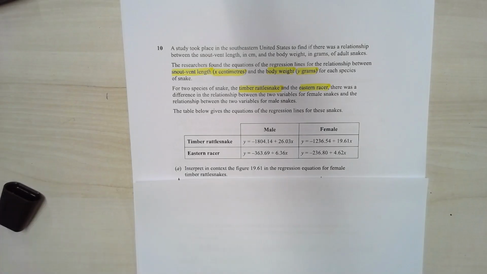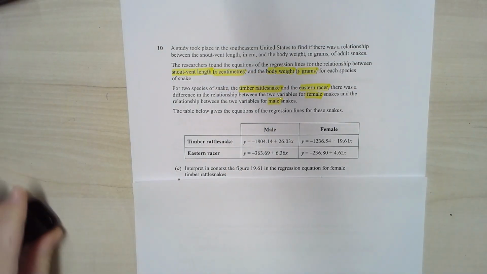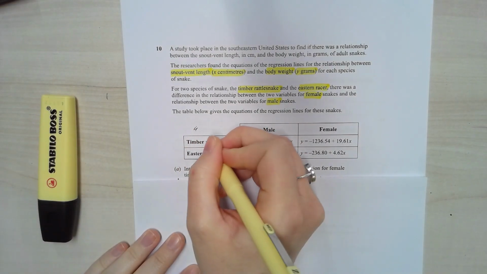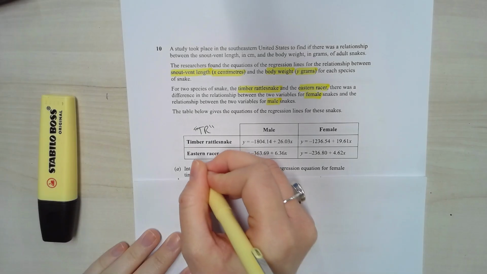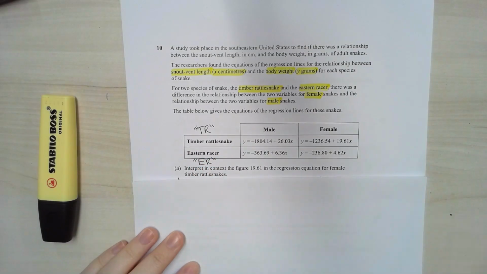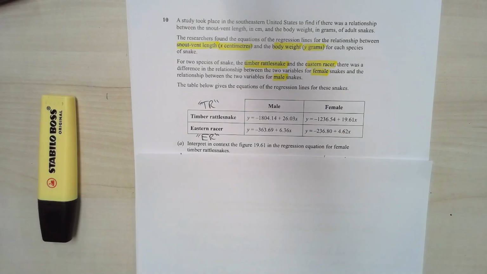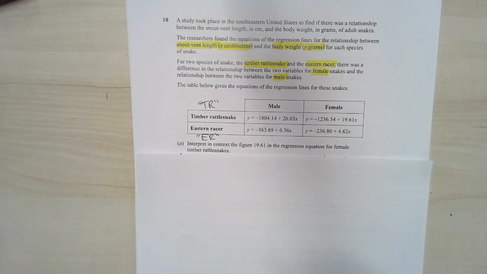There was a difference in the relationship between the two variables for female snakes and for male snakes as well. For ease in this question, I'm going to call timber rattlesnakes TR and eastern racer ER. Part A is asking us to interpret in context the figure 19.61 in the regression equation for the female snakes for timber rattlesnakes.